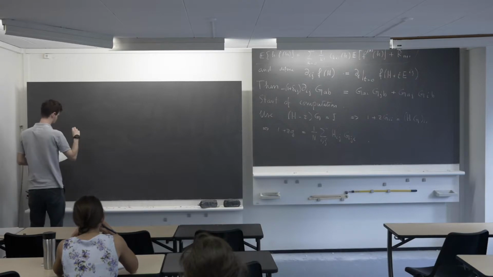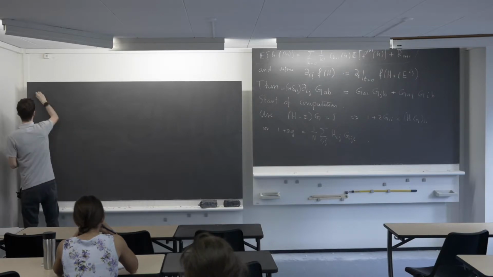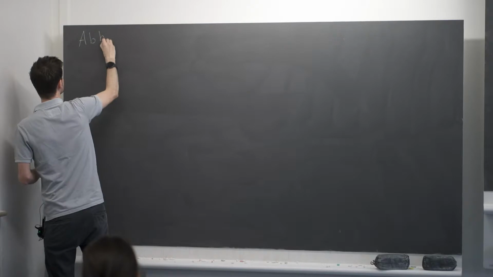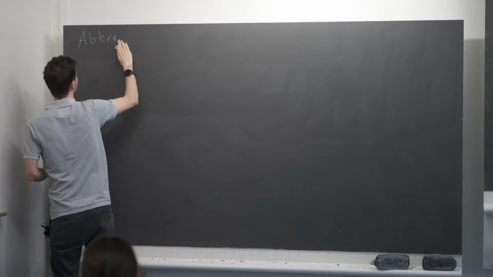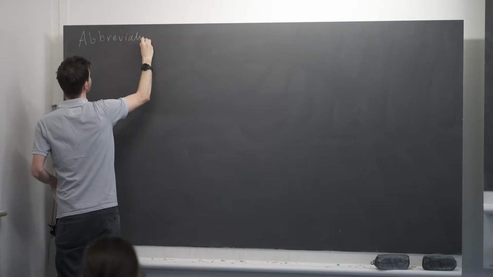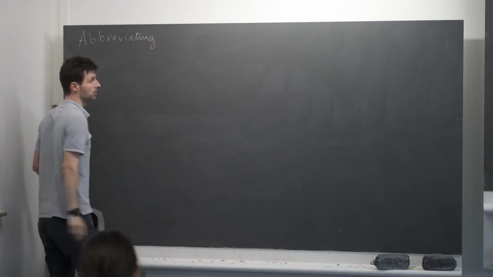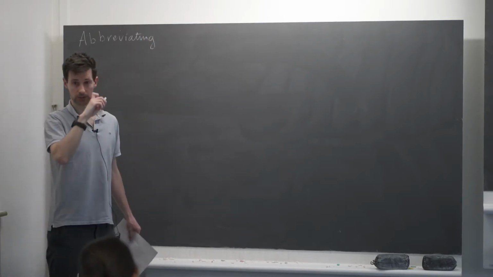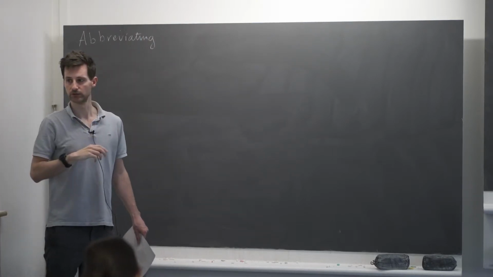So let's start. I have this polynomial p of g, and since I will keep on writing it a lot, I will just abbreviate it by p.